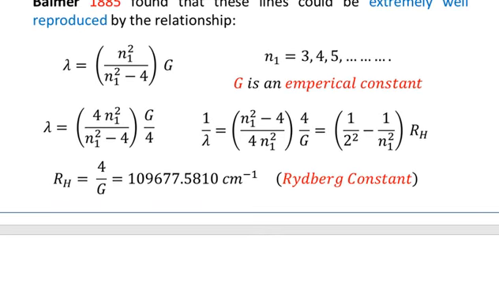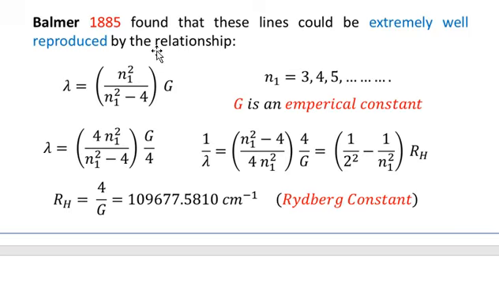So you may consider this numerical analysis at that time, in the year 1885, to be a breakthrough in the analysis of the emission spectrum, because all the emission spectrum of the hydrogen atom can be generated through this formula, which was initially known as the Balmer formula.